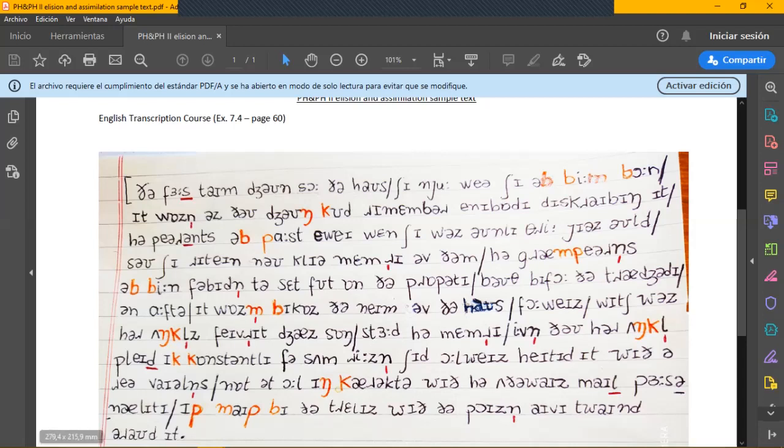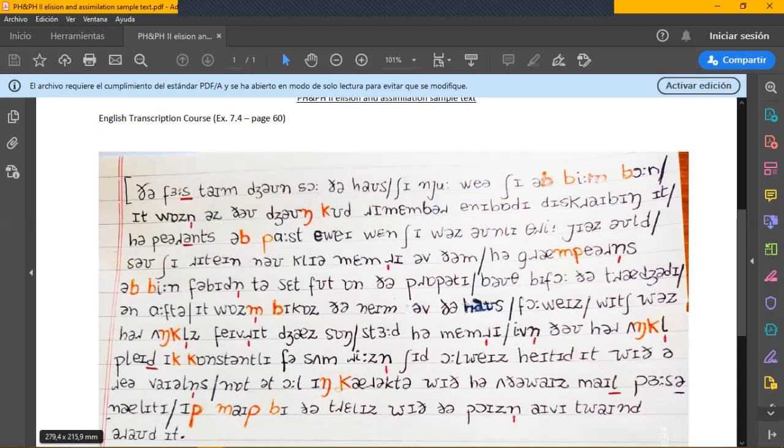But this has a reason: we have 1, 2, and 3 vowel sounds together. If I remove this voiced alveolar plosive sound, there will be 2 open syllables together, and that's not possible. We need to have some kind of consonantal connection between these 2 syllables, and that's why this alveolar sound is kept.